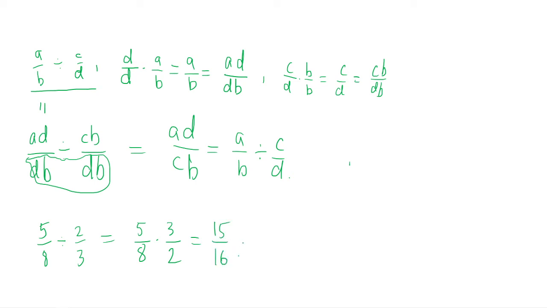Okay, great. So that is the rule we can remember. We can just flip or inverse the fraction. So if we want to divide one fraction by another, we just flip the second fraction and we multiply them out.